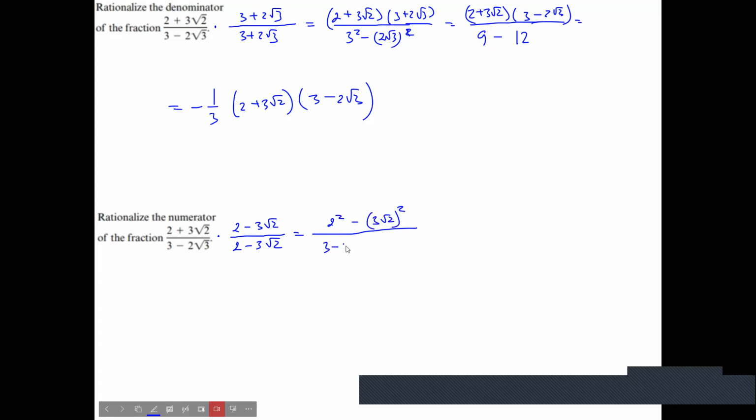And here I have 3 minus 2 square root of 3, 2 minus 3 square root of 2. So 4 minus, what I have, 9 times 2 is 18. Minus 14.